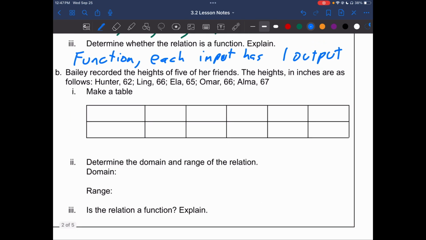Now, letter B, we have Bailey, and Bailey is recording the height of her friends. The heights in inches are as follows. Hunter is 62, Ling is 66, Ella is 65, Omar is 66, and Alma is 67. So our name is our first line, and our height in inches is our second line.